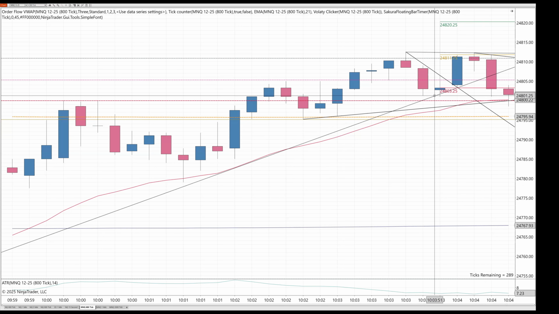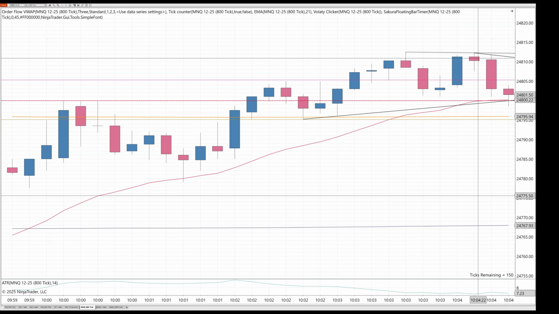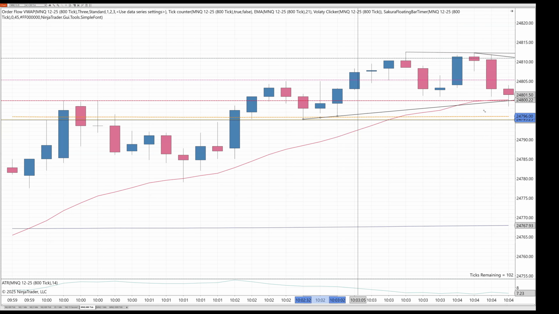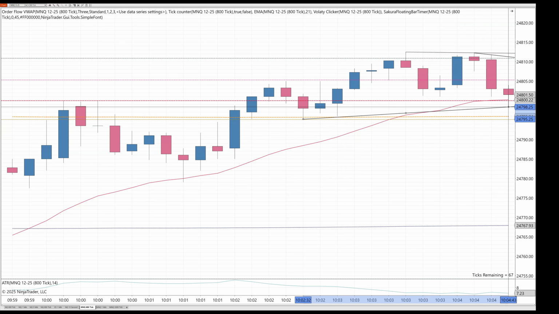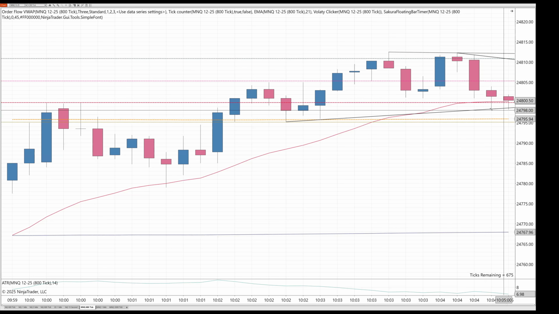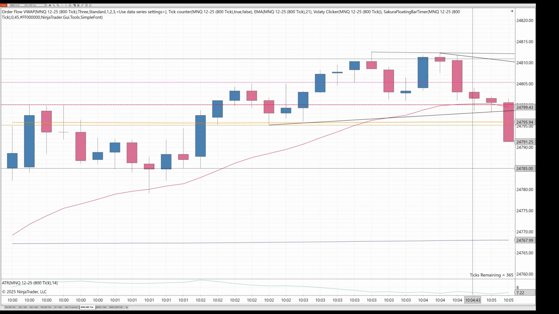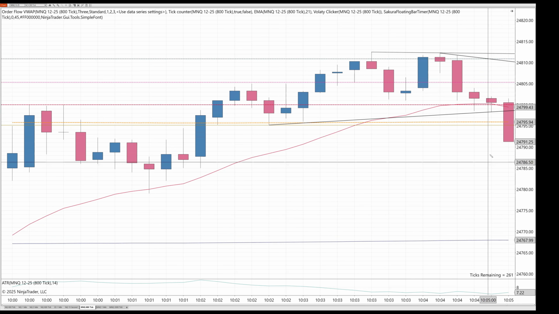So let's delete this, delete this, delete that. Retested 800 here. This will be a signal to go higher, but we have all that resistance overhead. It didn't trigger. This candle did. This candle is a signal candle to go bearish. So we would take this.